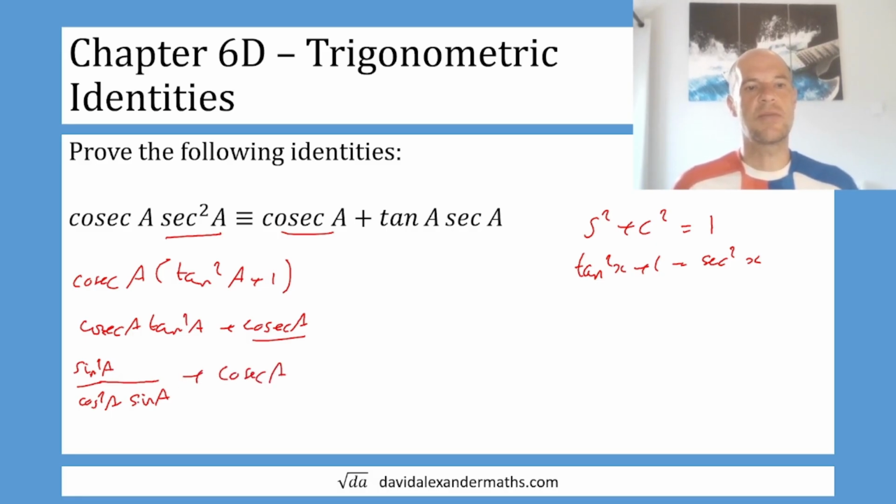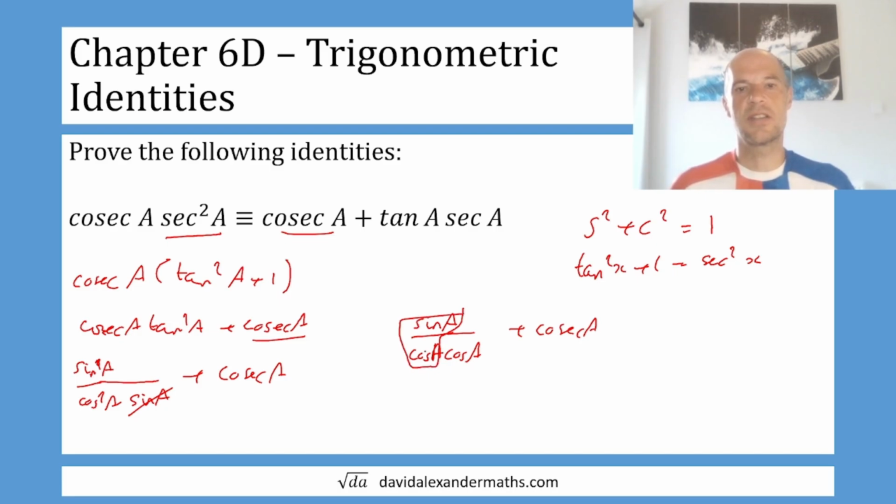So sine squared over sine, well, there's a sine A that can cancel top and bottom. So that will leave me with sine A over cos squared A. Let me just rewrite what we've got. So I've got sine A over cos squared A, and cos squared A is a cos A times a cos A. And there's my plus cosec A. Now, sine divided by cos is tan.